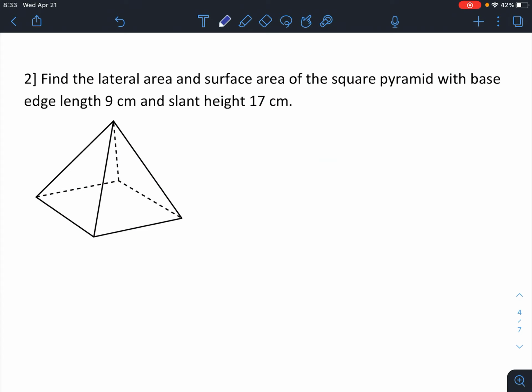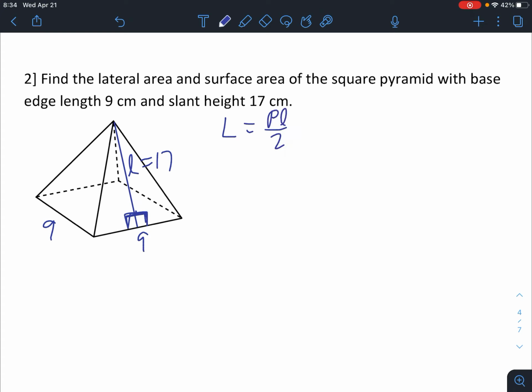All right, question 2 says find the lateral area and surface area of the square pyramid with base edge length 9. So these are all 9 here. And slant height 17. So once again, we'll start with our lateral area, which is PL over 2.